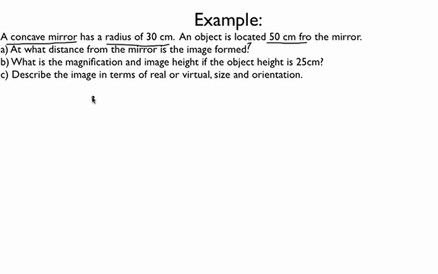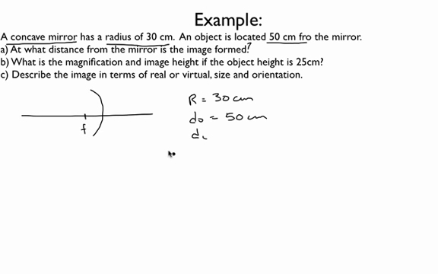So it's a concave mirror, so I always like doing a quick sketch just to make sure I have an idea of what's going on. It has a radius of 30 centimeters, and it has an object located 50 centimeters from the mirror. We want to know DI.